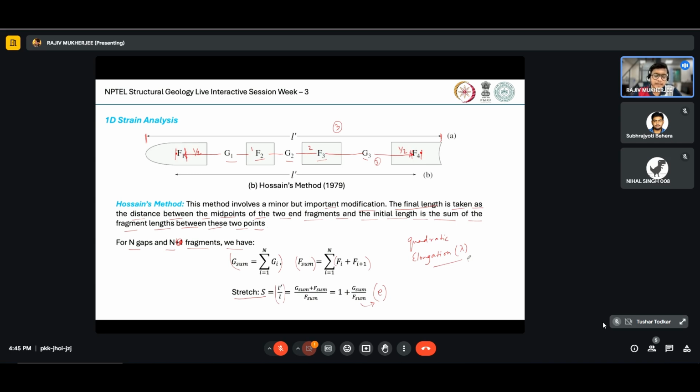So we just measure the trend of this stretching axis and the amount of stretch that has taken place. This is how we identify the principal axis of strain. So one dimensional strain analysis is particularly useful for getting information about the principal axis of strain.